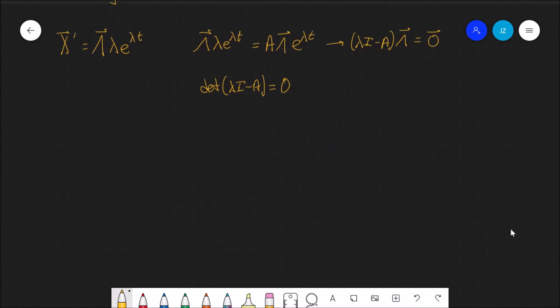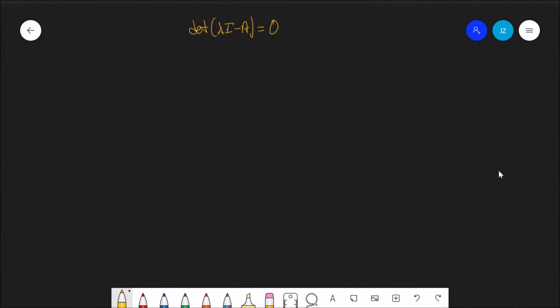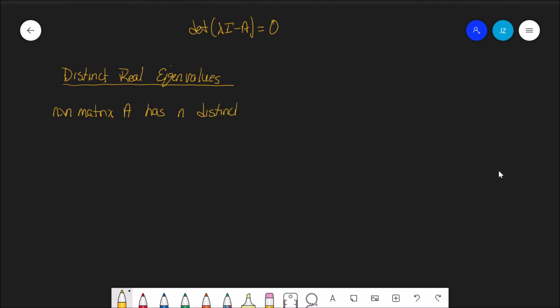So in the first case we consider distinct real eigenvalues. This happens when the n by n matrix A has n distinct eigenvalues, lambda 1, lambda 2 through lambda n.